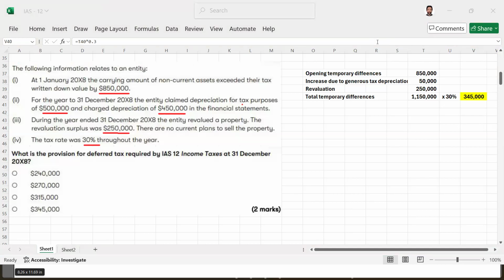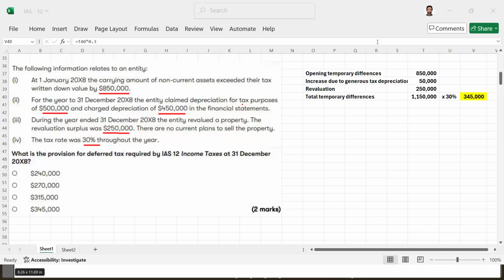Because you see, we are trying to calculate the temporary differences. The accounting conventions include the revaluation, whereas the tax authorities do not recognize revaluation. So that's why when we revalue an asset, the carrying amount increases, whereas the tax base remains unchanged.